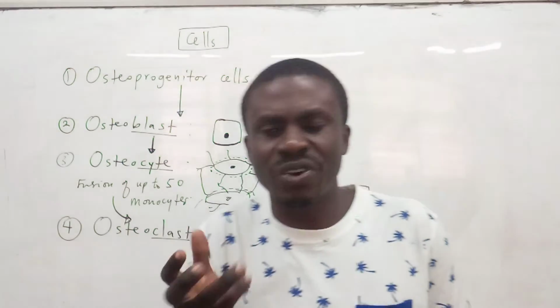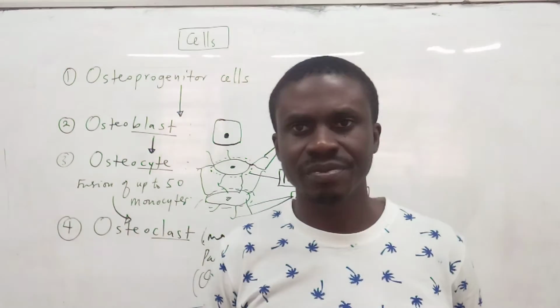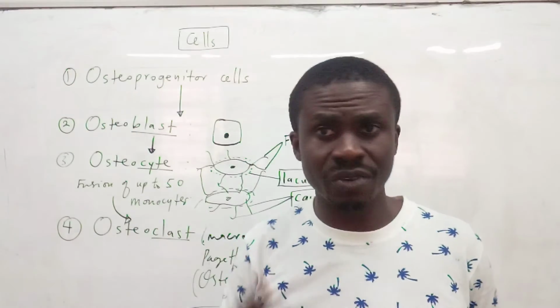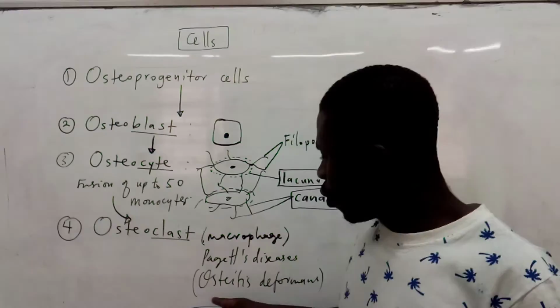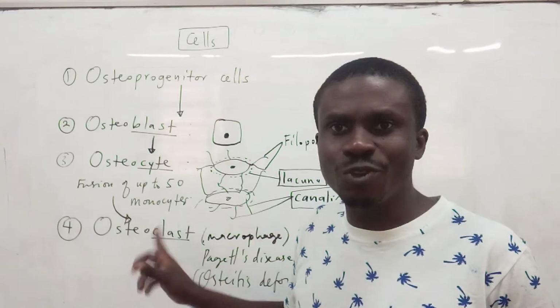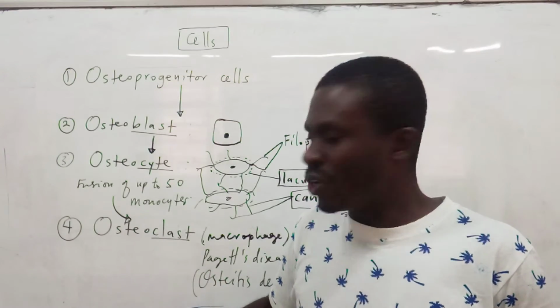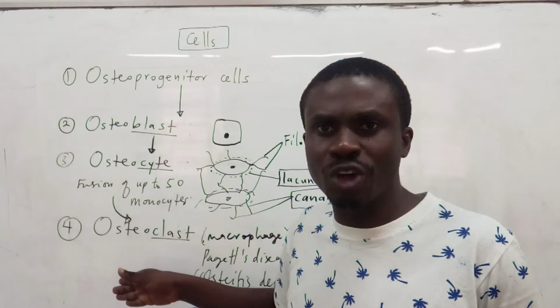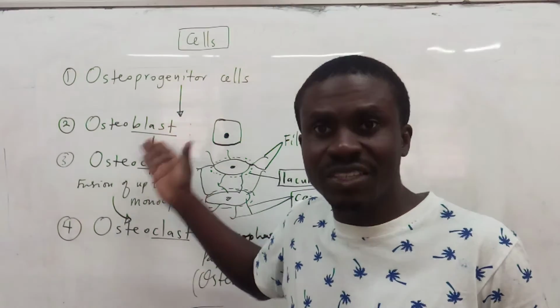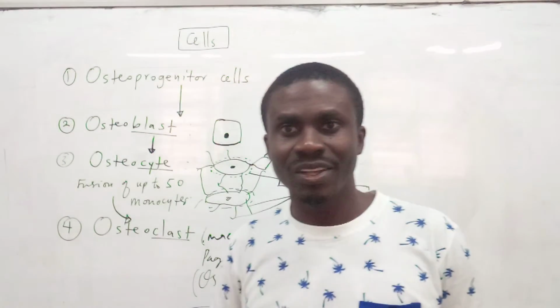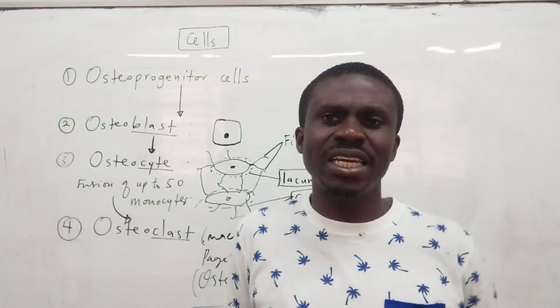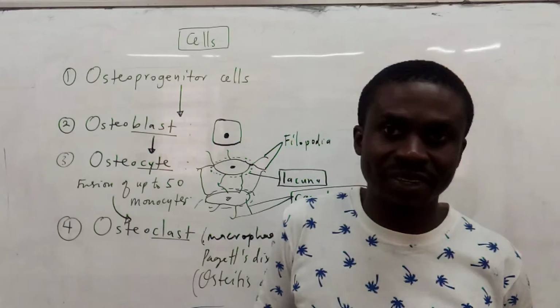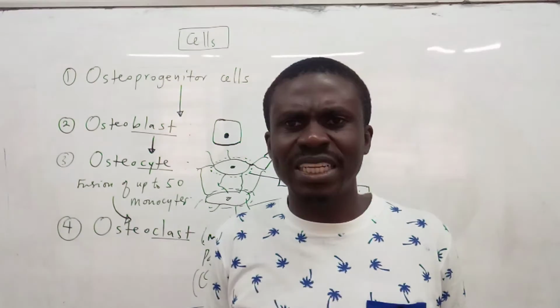Now some bones, for instance, bones of the hip, bones of the vertebrae, bones of the skull, sometimes, especially these bones, the osteoclast activity is not efficient, which means that there's minimal bone resorption. Meanwhile, osteoblast activity is efficient. Some people will not even present with any sign or symptom, only on accidental diagnosis.